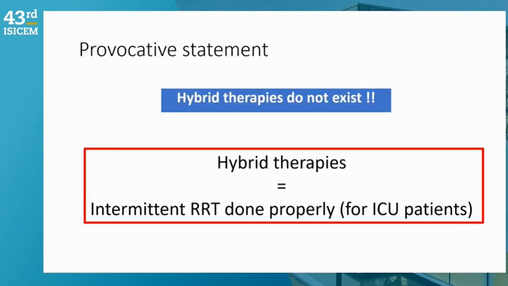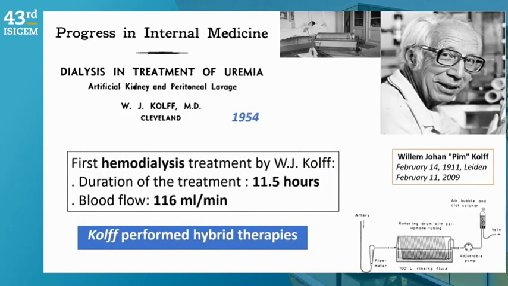So hybrid, I said yesterday that hybrid therapies depend on what you want. It's a kind of intermittent RRT done properly for our ICU patients. And the first who described hemodialysis, the inventor of hemodialysis, Professor Kolff. This paper was published many years ago, but at this time, Professor Kolff performed hybrid treatment, hybrid therapies.